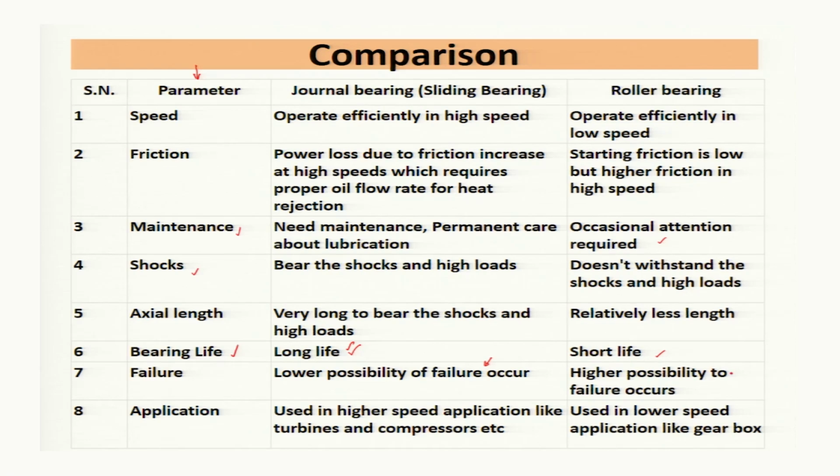There is a higher possibility of failure in the case of rolling element bearings. From the application point of view, the sliding contact bearings are used in higher speed applications like turbines and compressors. The rolling element bearings are used in lower speed applications like gearboxes.